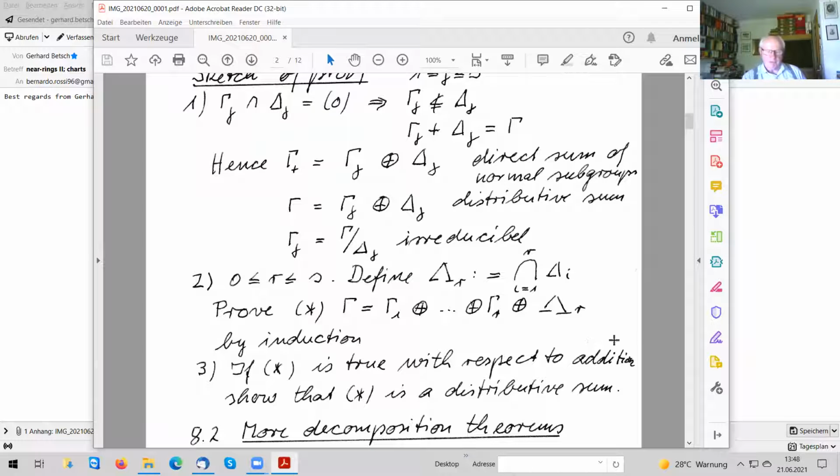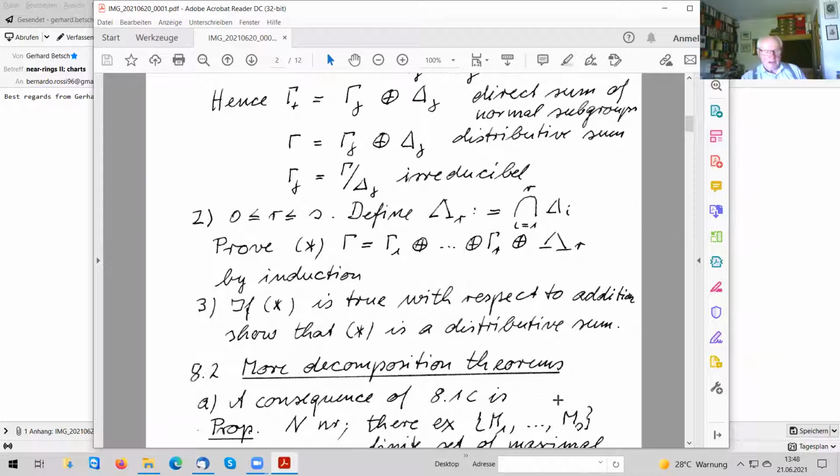Now, to take care of all the gamma j's, we prove this gamma 1 up to gamma r plus a lambda r. By induction, lambda r is an intersection of the delta I from 1 to r. That's an easy induction.